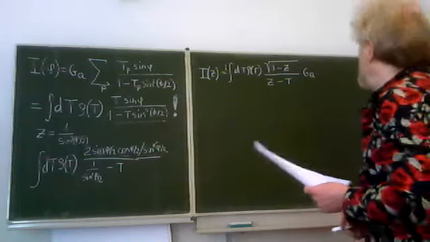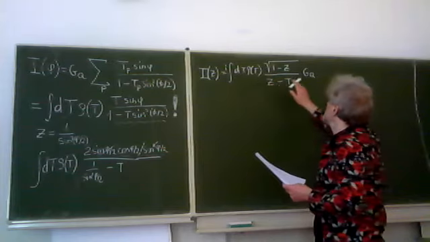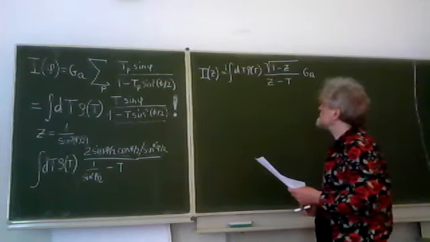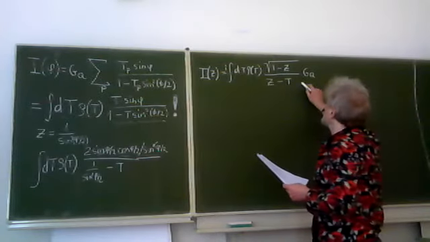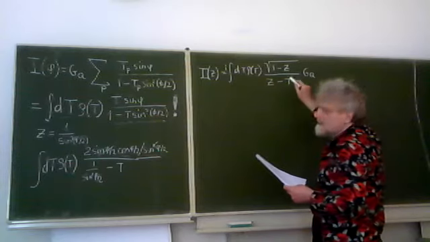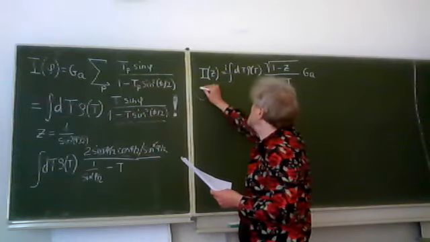Then if I sketch this function, only the part at given t as a function of z. So I have the z plane.